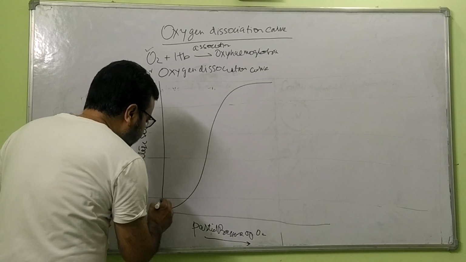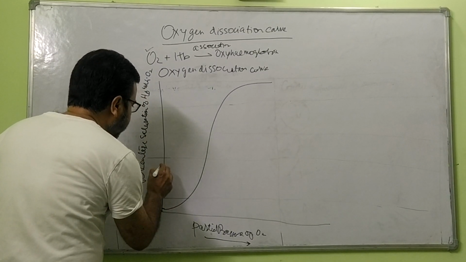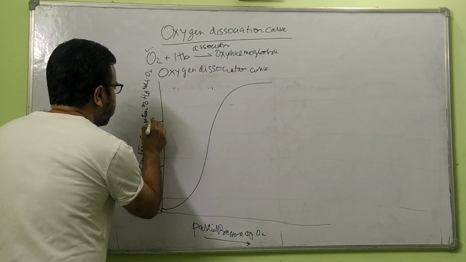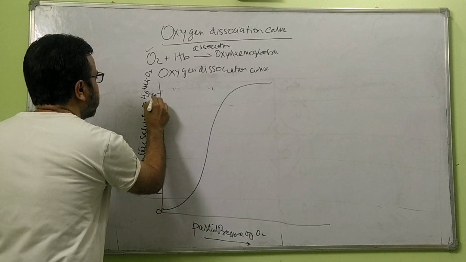So here it is 0, 20, 40, 60, 80%, and then saturation, that means 100%.